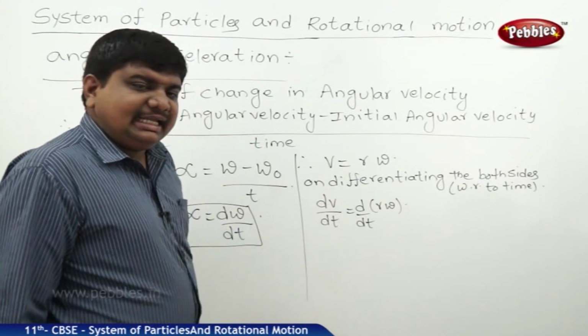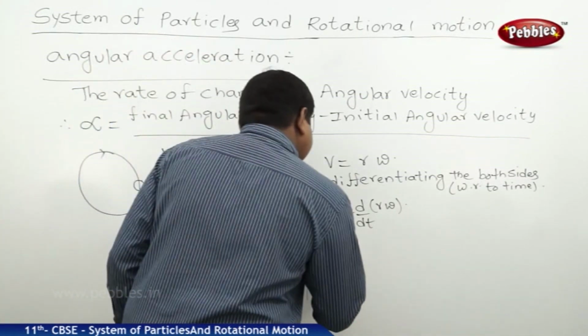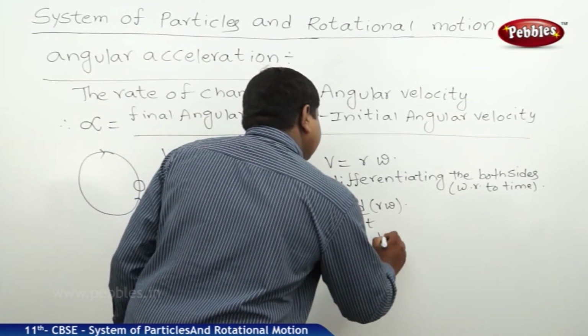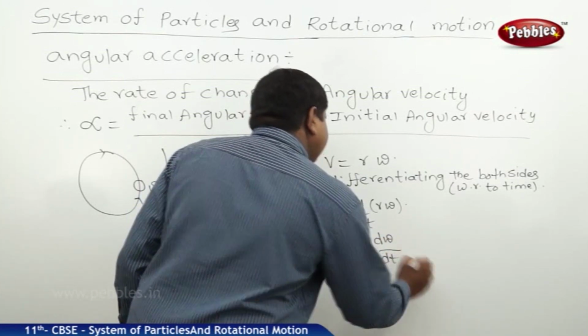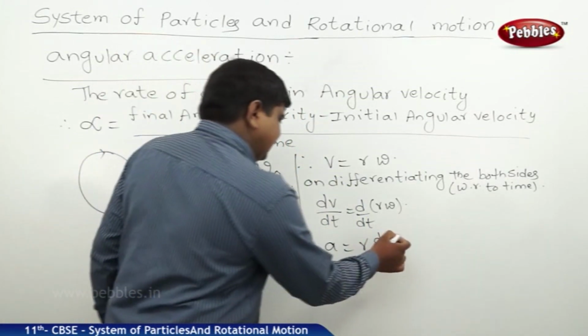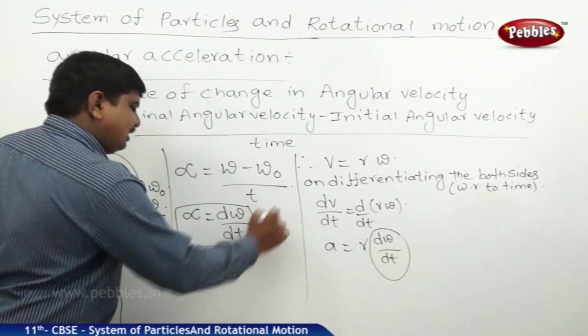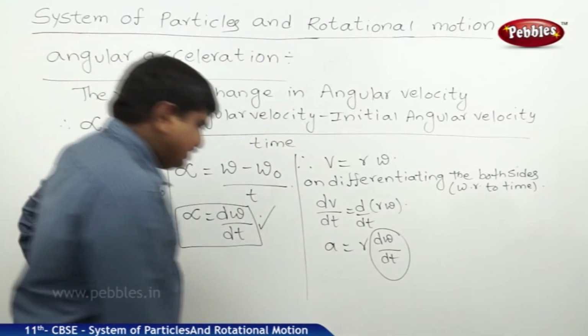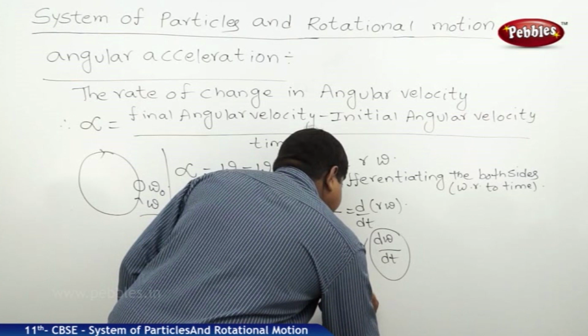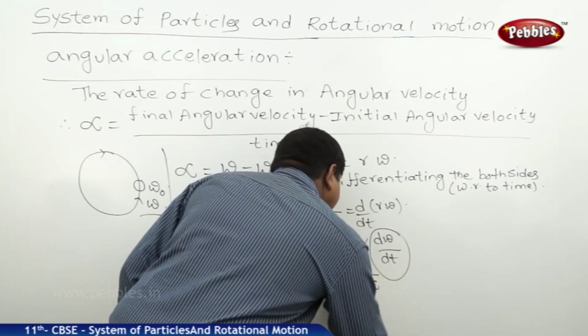We know that dv by dt is linear acceleration, therefore it is a is equal to r into d omega by dt. This d omega by dt is alpha, the angular acceleration. Therefore a is equal to r into alpha.